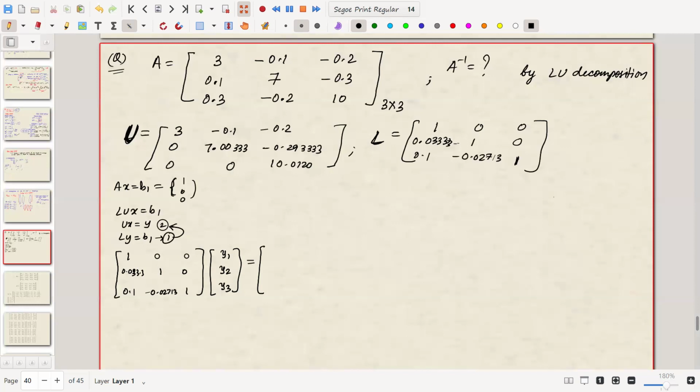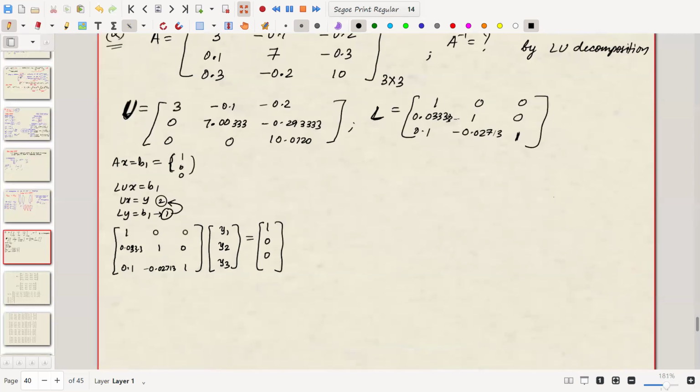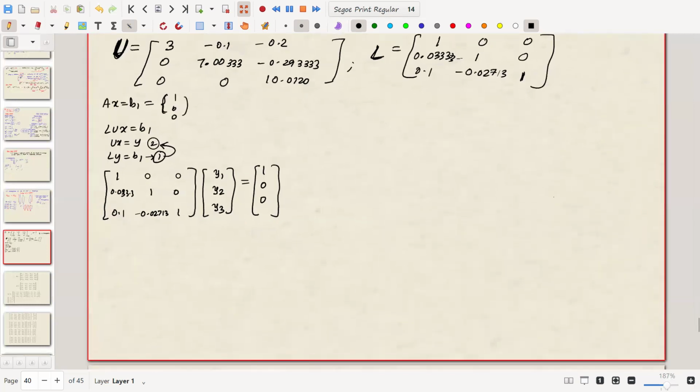B1 is, I told you, the unit vector 1, 0, 0. Can you tell me what is y1, y2, y3? Because it is a lower triangular matrix, what do you get?